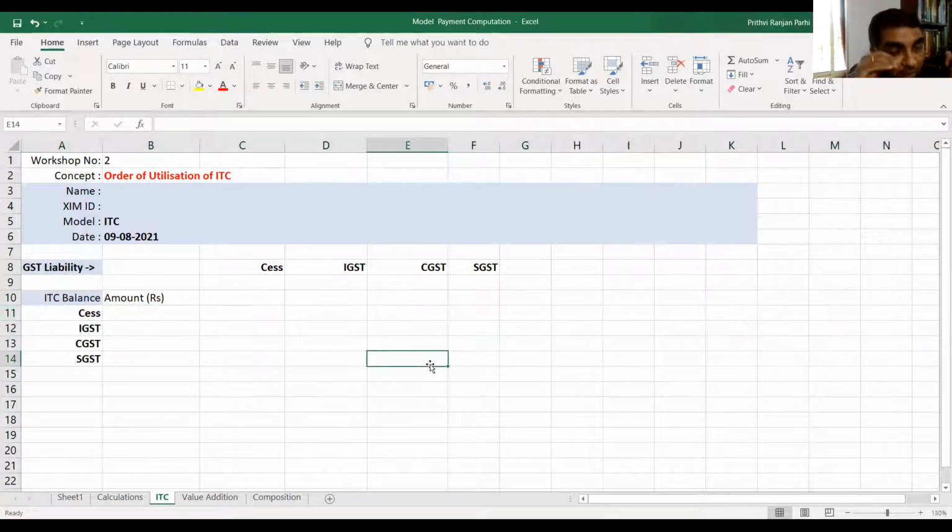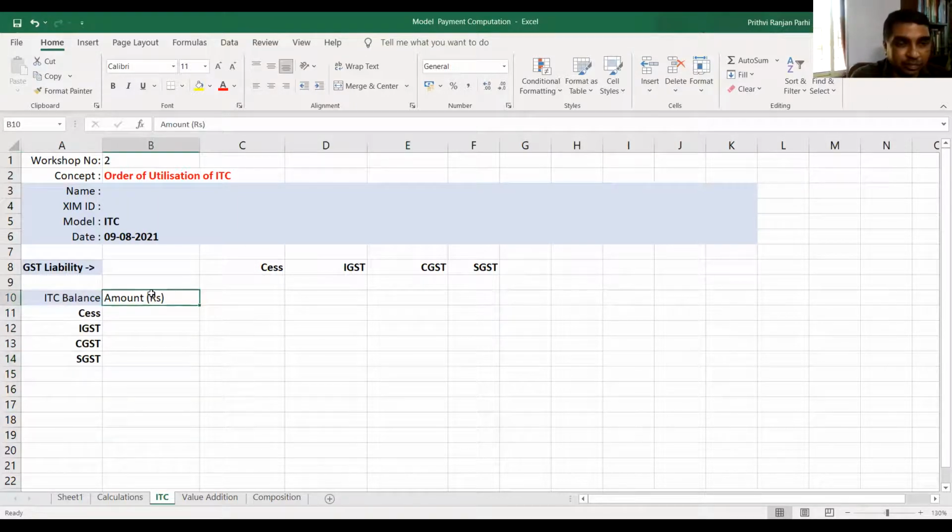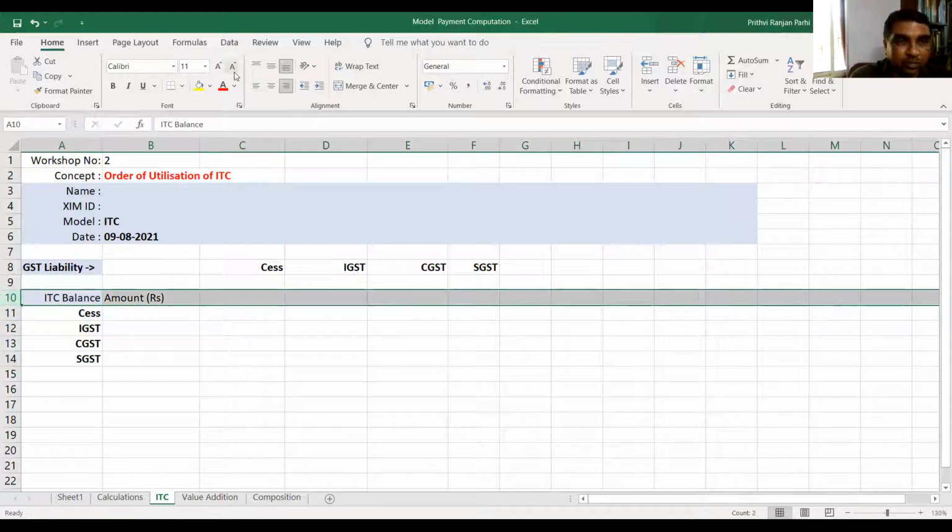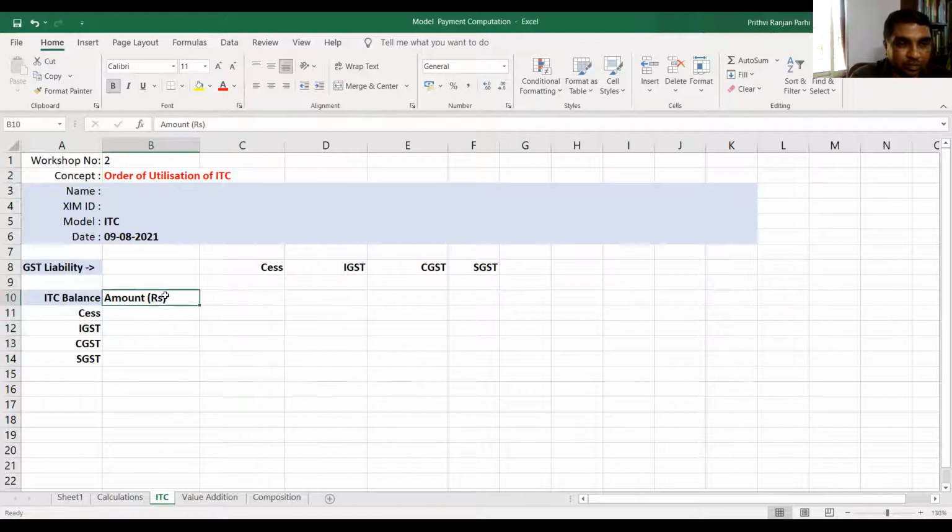Are you able to see it? Yes, sir. So the plan is like this: we'll write GST liability amounts here and ITC amounts here.